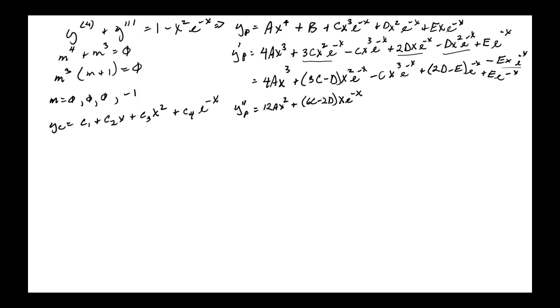That's the first part of that product rule. The second part would be minus a 3c minus d, x squared e to the minus x, right? There, I did it again, minus x. Correct? I don't know because I can't see it. Oh, I'm sorry.